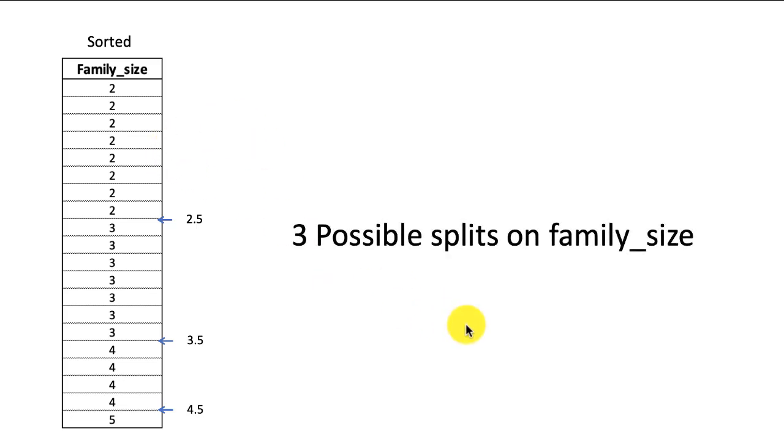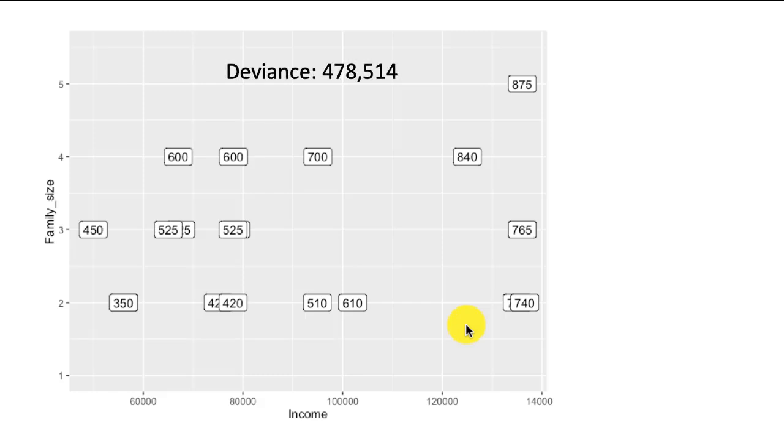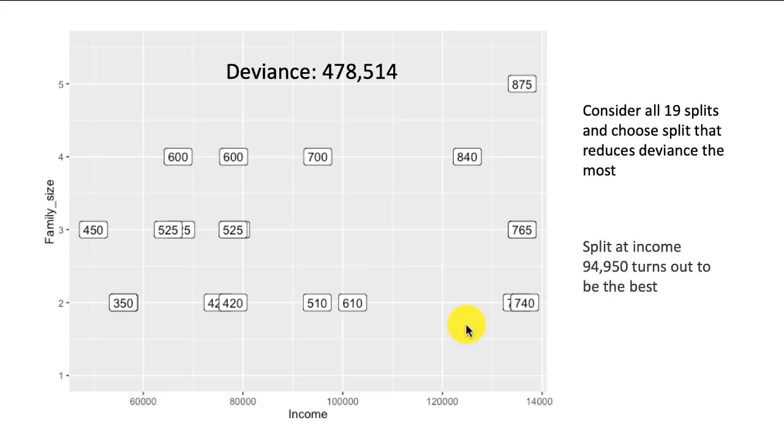So overall, you've got 16 possible splits on income and 3 possible splits on family size, for a total of 19 possible splits. Okay, so what we want to do is to consider each of those 19 possible splits, and for every one of those splits, calculate the resulting deviance.